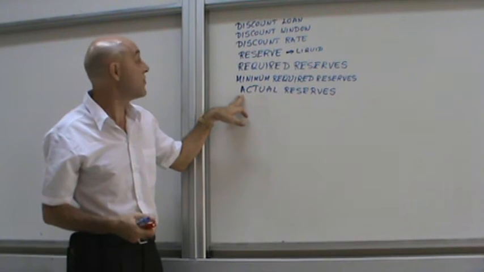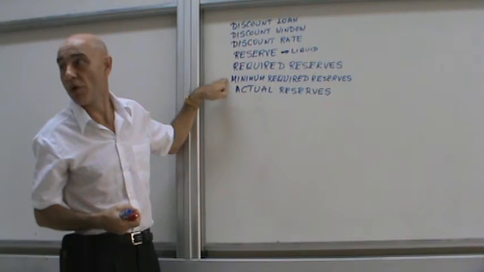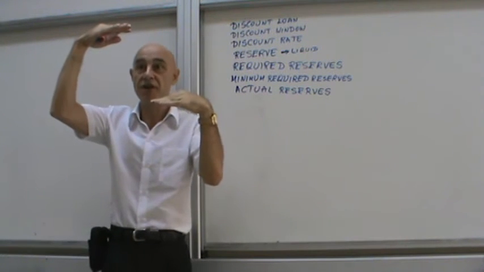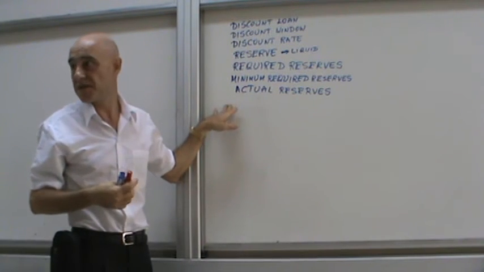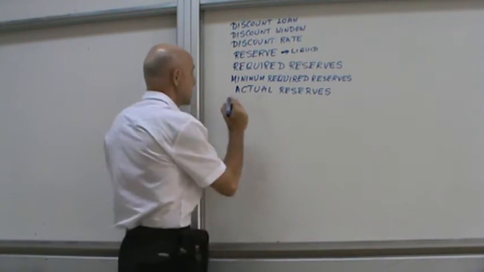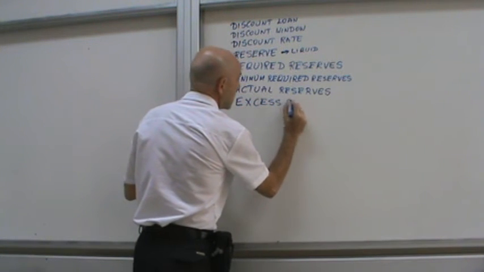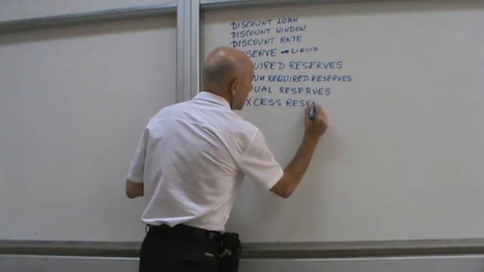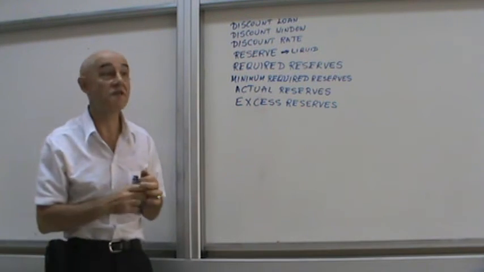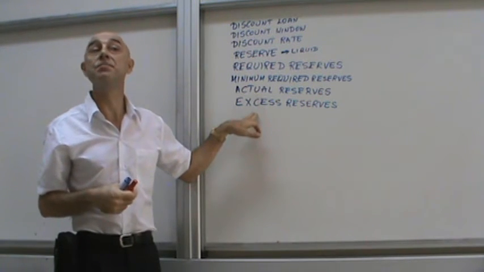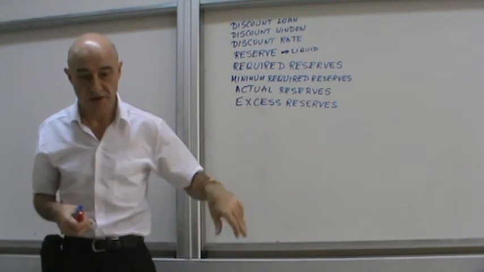Now, if actual reserves exceed the minimum, so you have more than what you need, the difference above the minimum is called excess reserves. Excess reserves are reserves above and beyond the minimum required reserves.